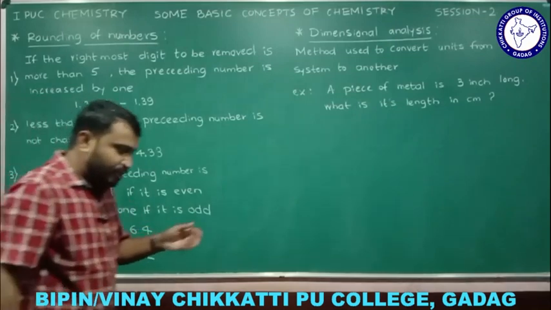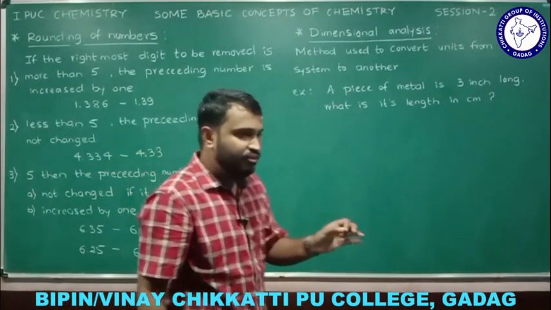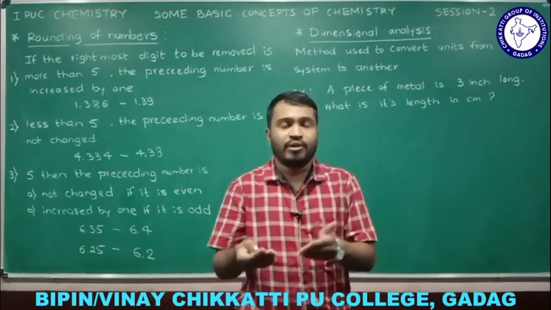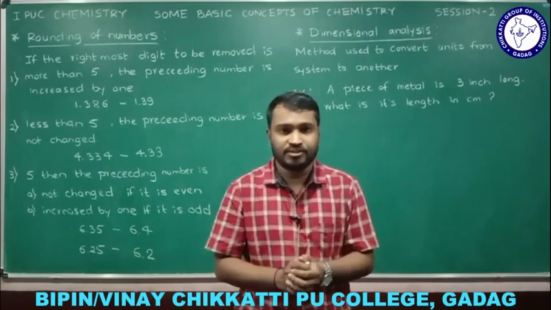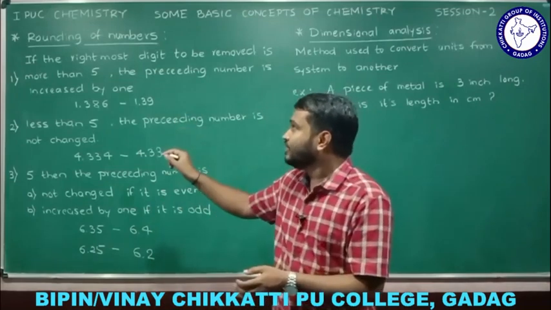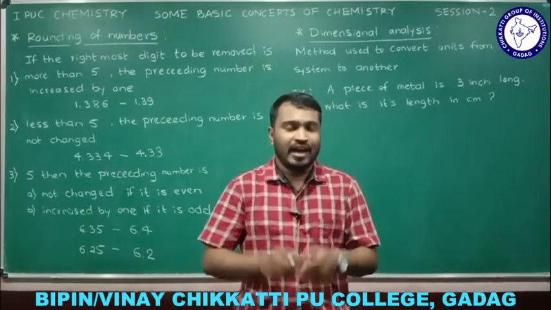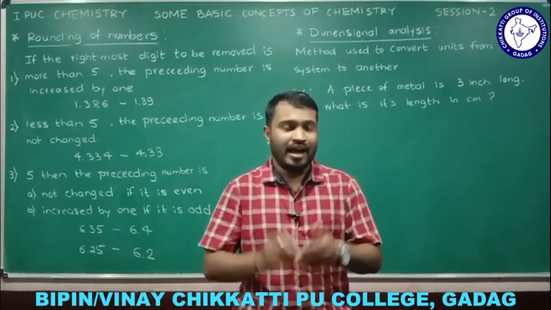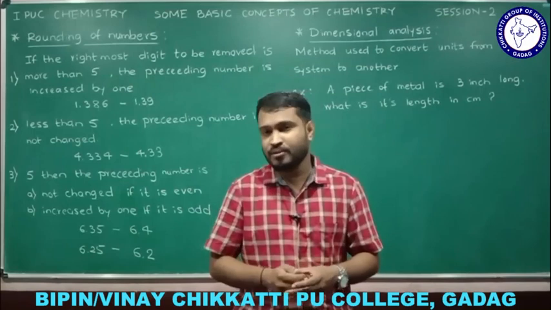So this is how, using the concept of significant figures, we round off the given number according to the required significant figures. Here I just eliminated the last number, and these are all the rules for eliminating the last number, which we call rounding of the number.